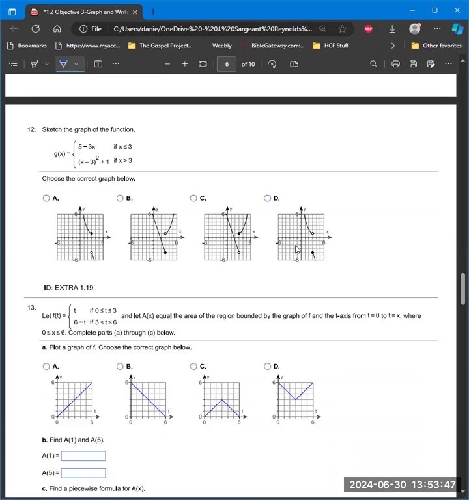Y-intercept of 5, slope of -3. So looking like could be B here.